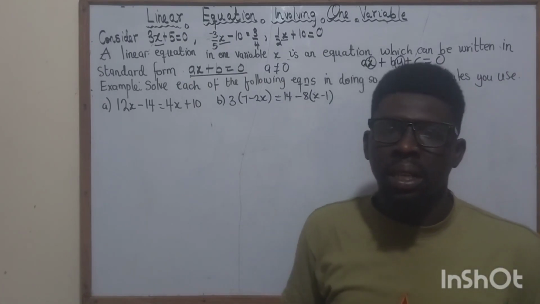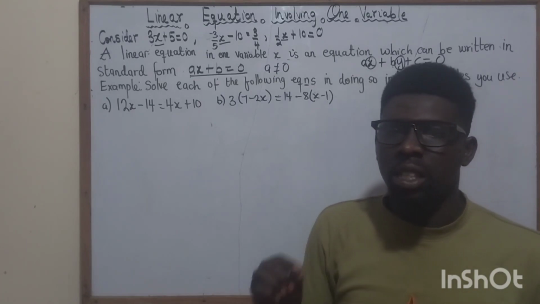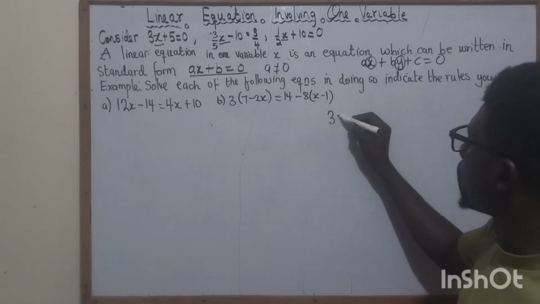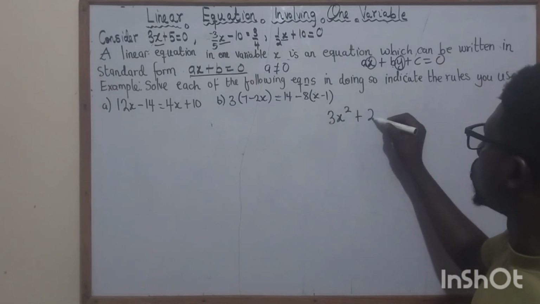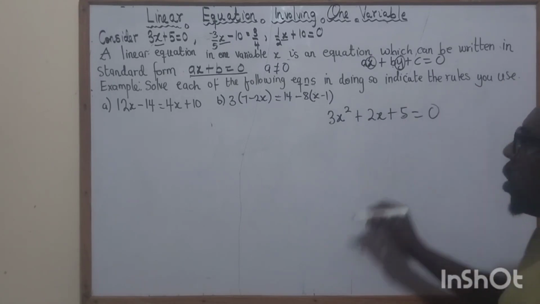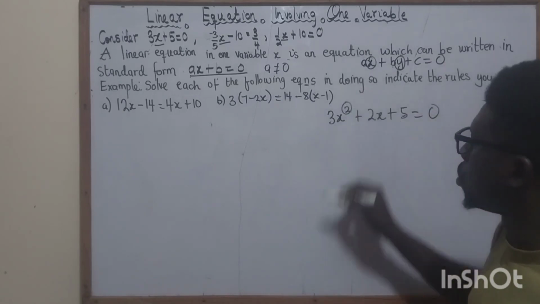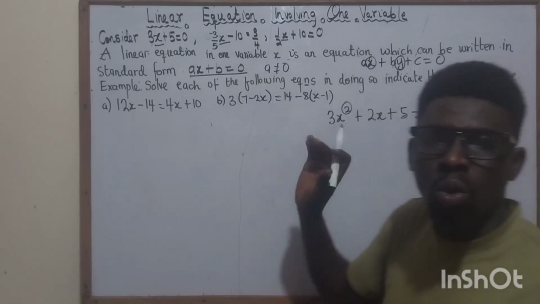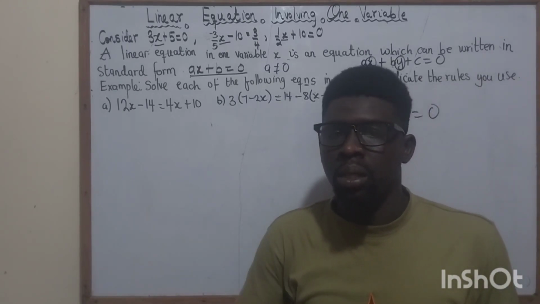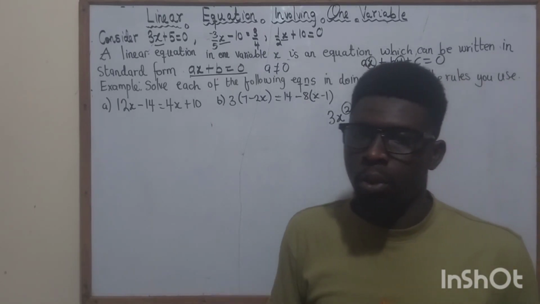Such equations are linear because the variable involved has the highest exponent of 1. For example, 3s squared + 2s + 5 = 0: the highest exponent of this equation is 2, hence it is not a linear equation. So linear equations are equations whose variable has a highest exponent of 1.